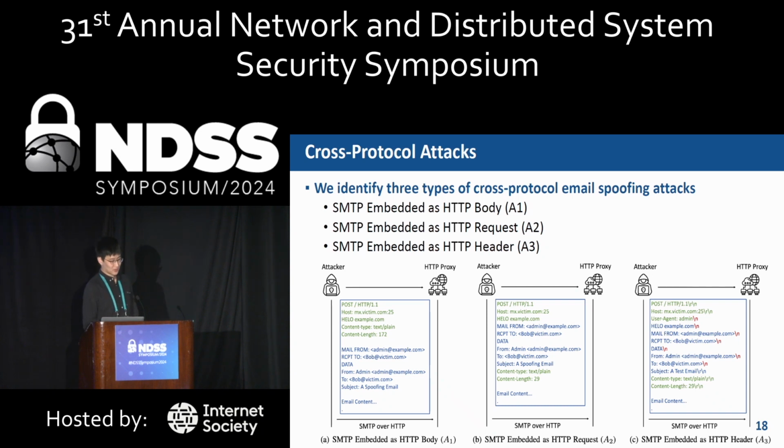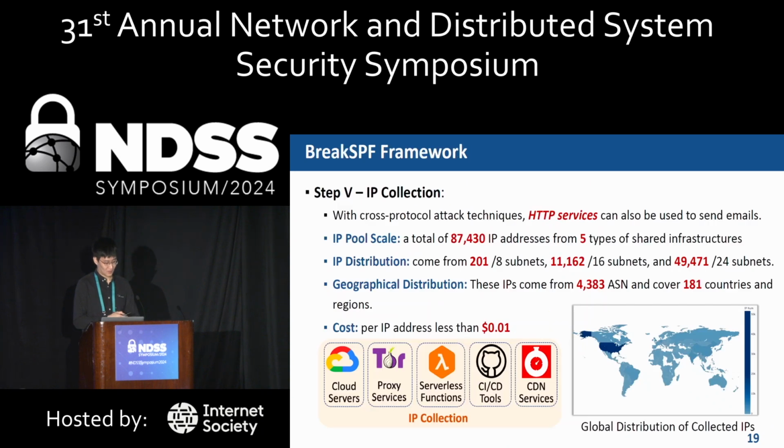Finally, we propose 3 types of cross-protocol email spoofing attacks, and these attack techniques are suitable for different attack scenarios. With the help of cross-protocol attacks, we obtained a total of more than 87,000 IP addresses from the above 5 types of shared infrastructures.